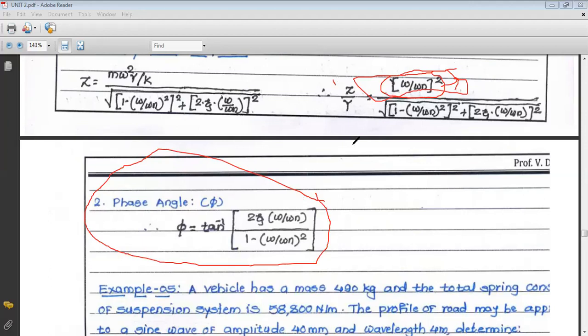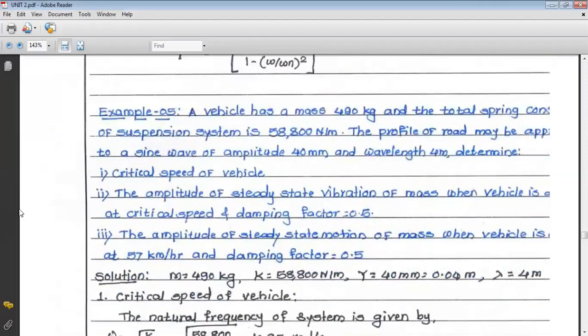So now we are going to solve some examples on this phase excitation or support excitation. The first example we are going to study: a vehicle has a mass of 490 kg, so m is given as 490 kg, and the total spring constant of the suspension system, that is k, is 58,800 Newton per meter.